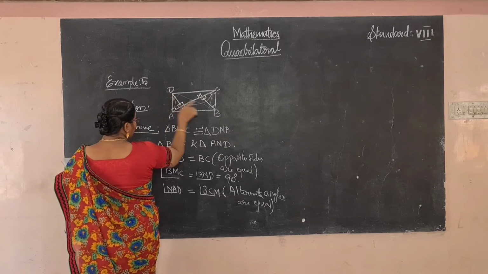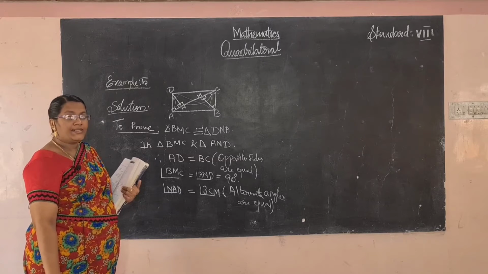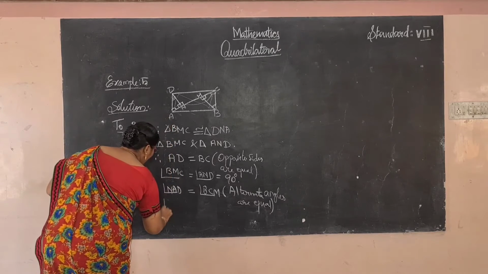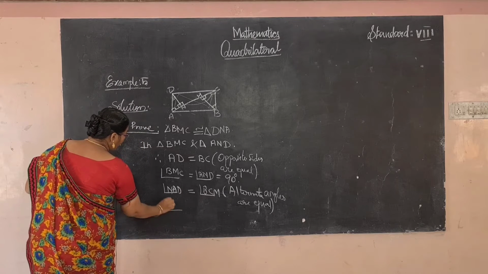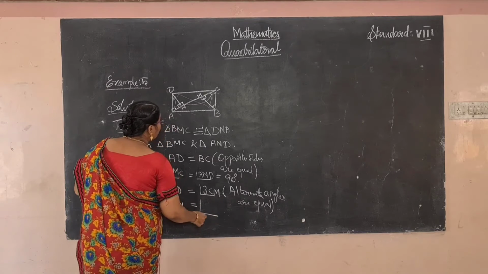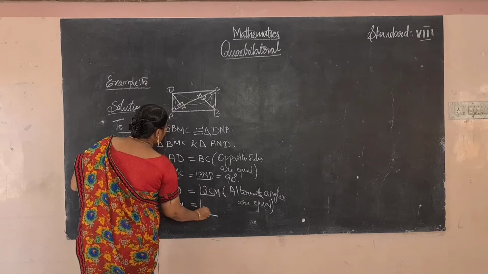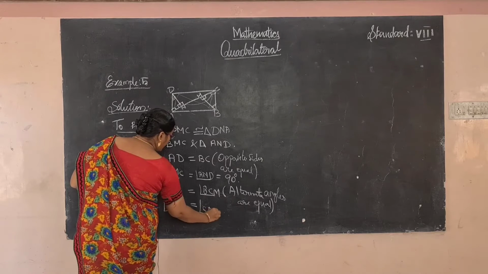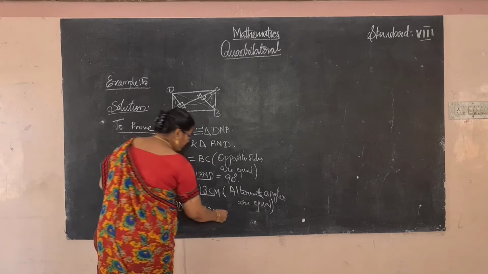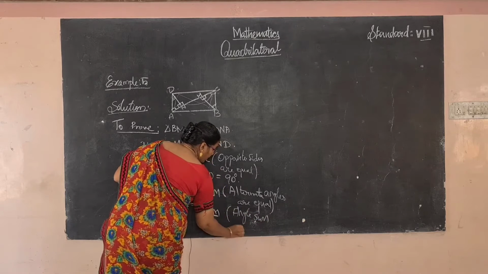These two angles are equal, and the sum of the three angles in a triangle is 180 degrees. So in this place we write angle ADN is equal to angle CBM, or MBC. Here write: angle sum property.